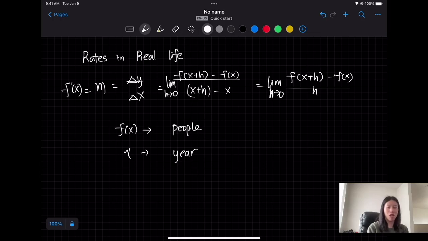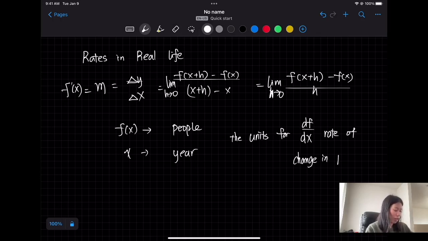Such as when you're trying to measure how many people there are in a certain year, and then in the next year how many people, and then the units for df over dx. What does that mean? This is the derivative. It's the rate of change in population, right? You think about it, every year.